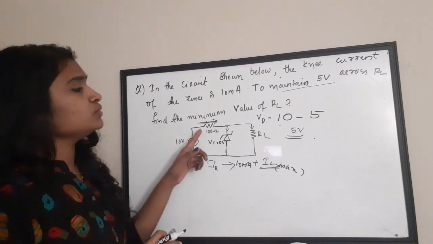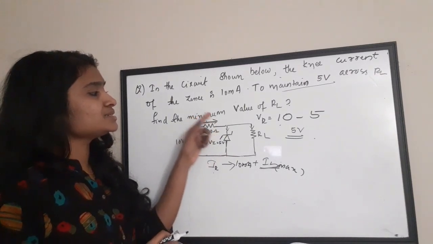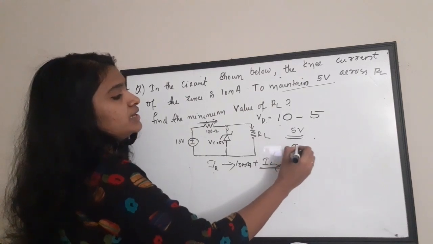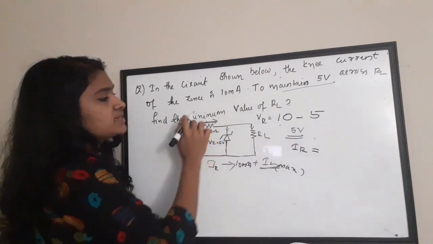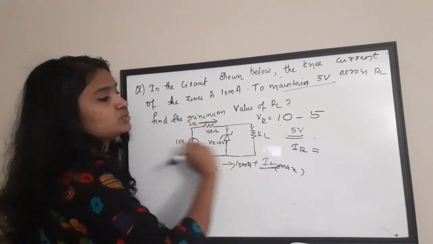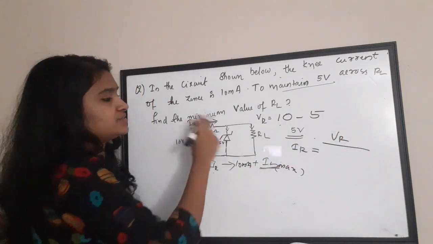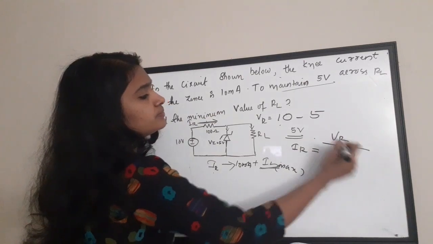Now, what is the value of current flowing through this resistor? IR is equal to VR by the resistor value, which is 100.